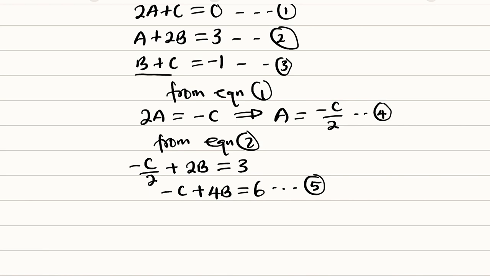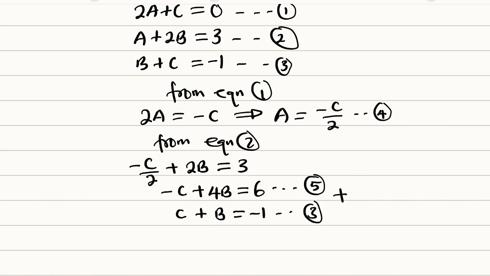We have b plus c equal to -1, but I can write it as c plus b, commutative. It's all the same. c plus b equals -1. Remember, this is equation number 3.